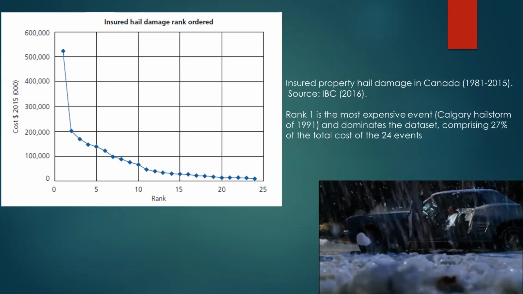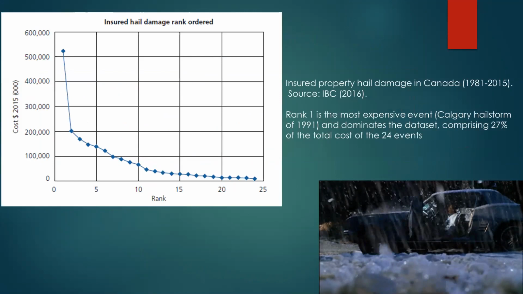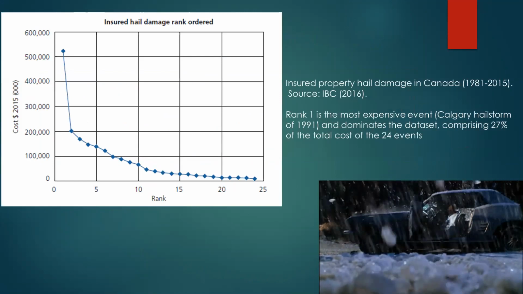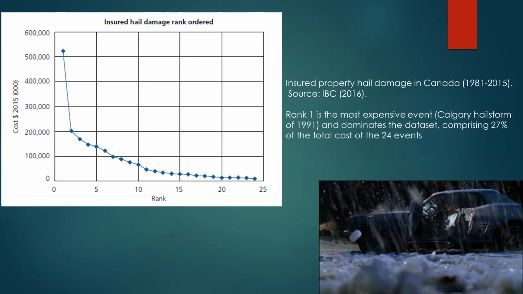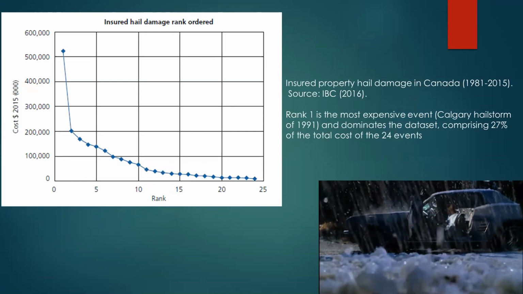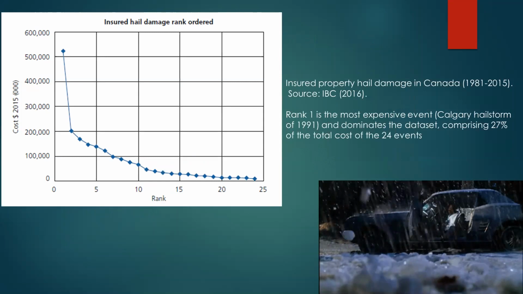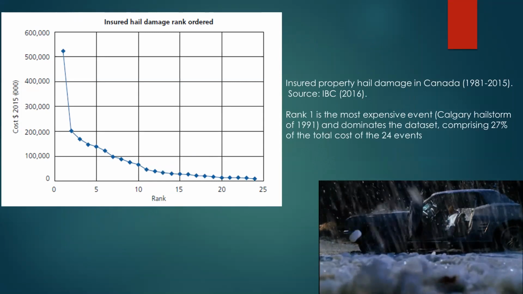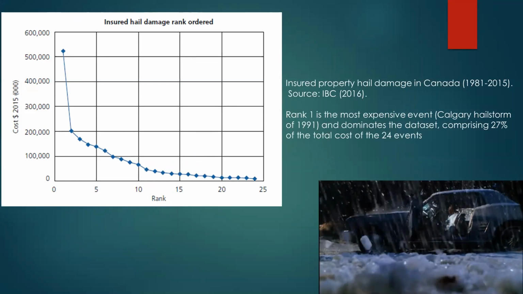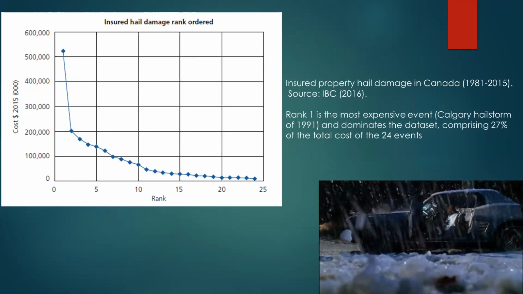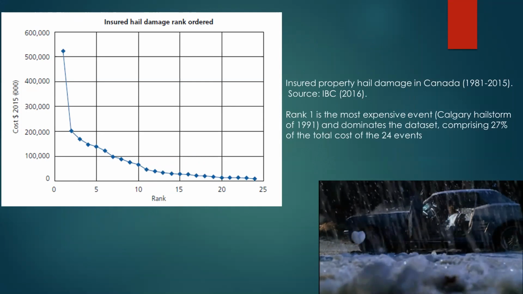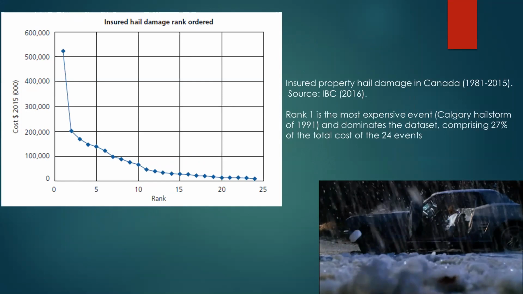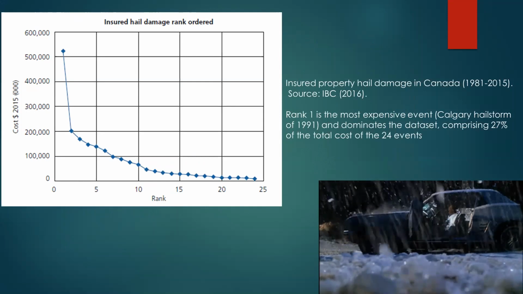One interesting aspect of hail damage I thought I would share with you is that it seems to have a property called fat tails. And this is characteristic of disaster data sets in general. So whether you're looking at flood damage, tornado damage, hail damage, earthquake disasters, pretty much any set of disaster data tends to have this characteristic of having a fat-tailed statistical distribution.